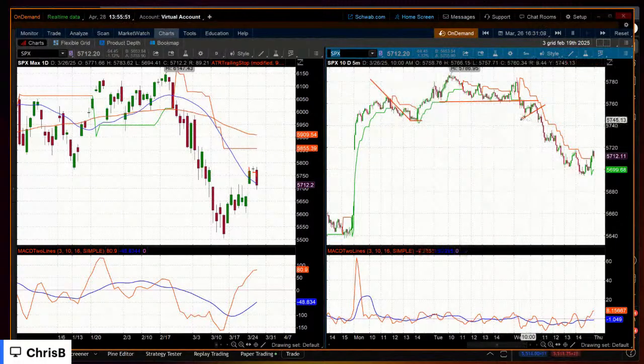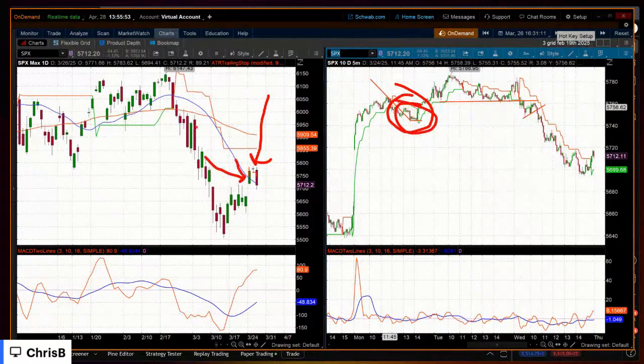And there's another thing, a kicker for you. This was not at the end of a doji. Remember, this was at the end of a doji. This right here was on the way up. So you didn't have the same kind of structure.